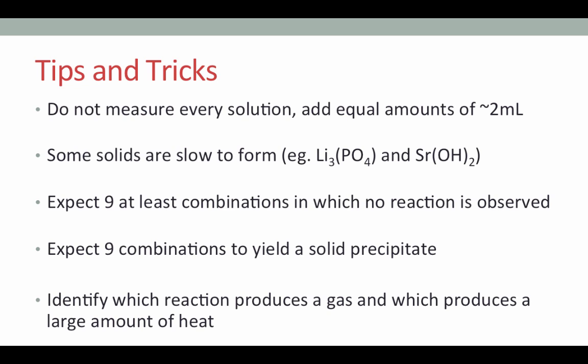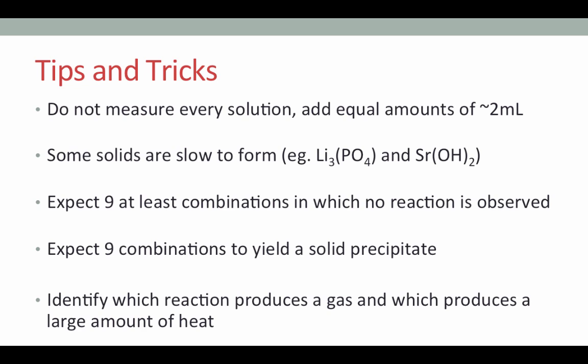Once you've completed the experiment, you should find that there were 9 combinations in which no observable reaction occurred. You should also see 9 combinations that yielded a clear solid precipitate. The key to solving which ionic solution is which is by focusing in on which reaction combination produced a gas and which produced a large amount of heat.